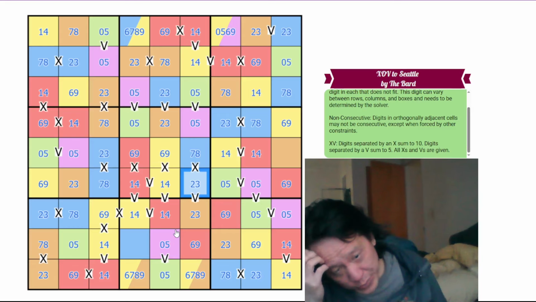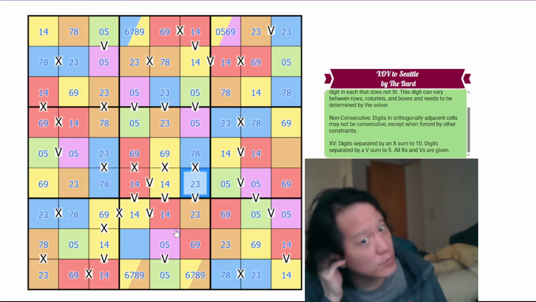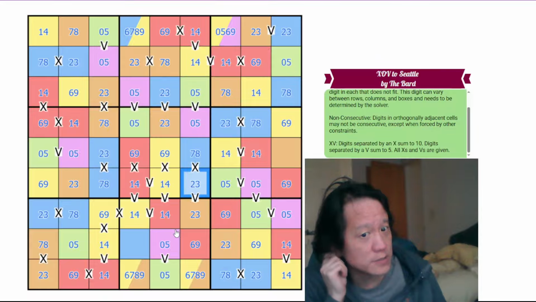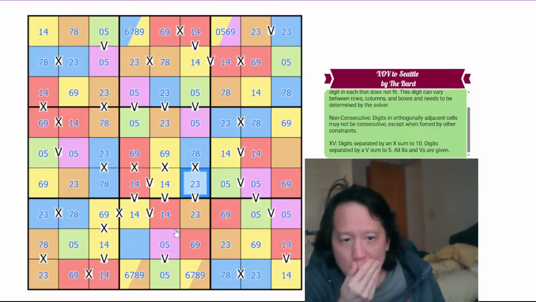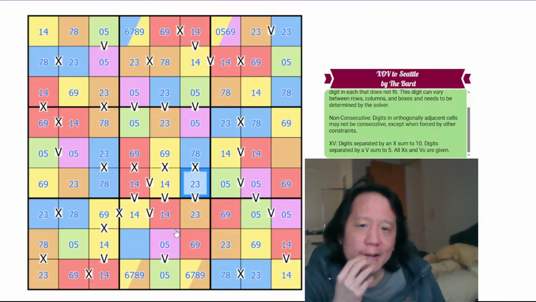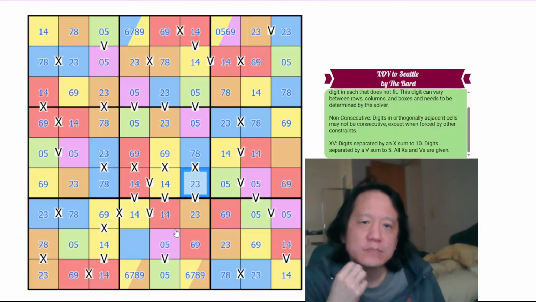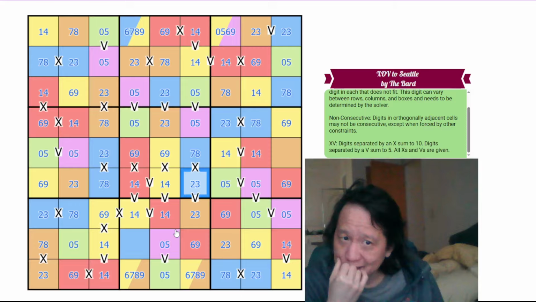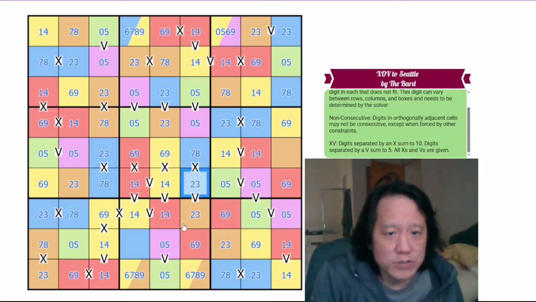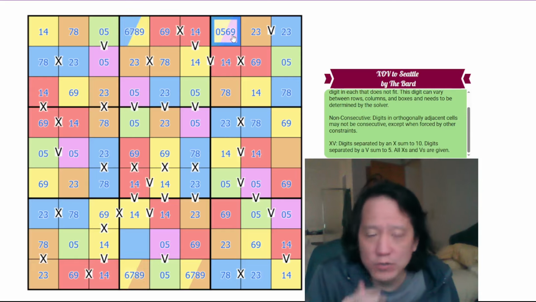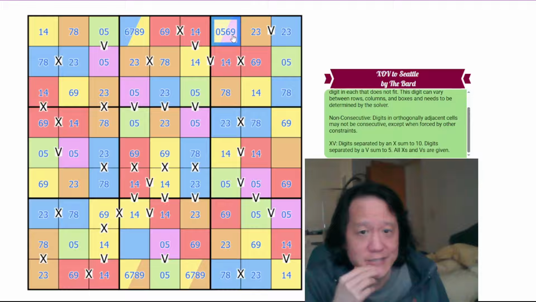So yellow and blue are not consecutive. Red and orange are not consecutive. So we got these areas where we don't know what they are color-wise.